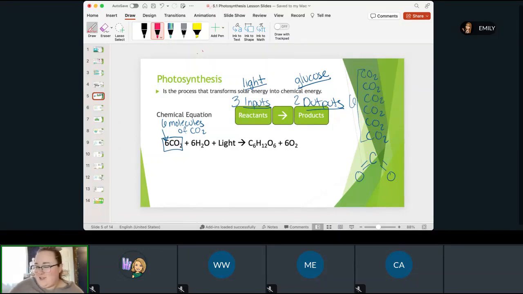Good, Chase. It is carbon dioxide, and this is in gas form. Okay, so we have carbon dioxide gas. And what is H2O? Carbon dioxide is not the one that is toxic to us.